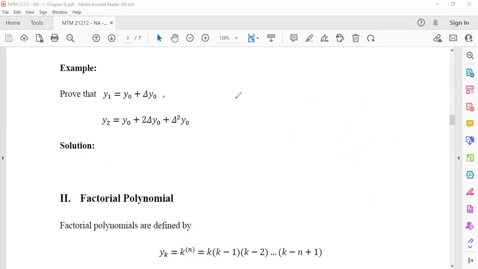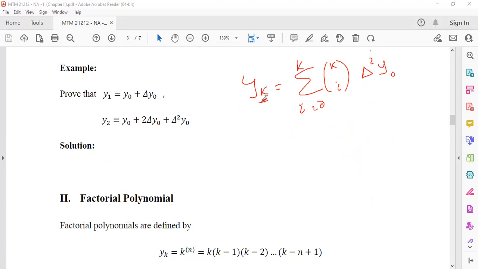We know our function yk is equal to the summation i is equal to 0 to k, k choose i, delta i of y of 0. Keep that in mind.